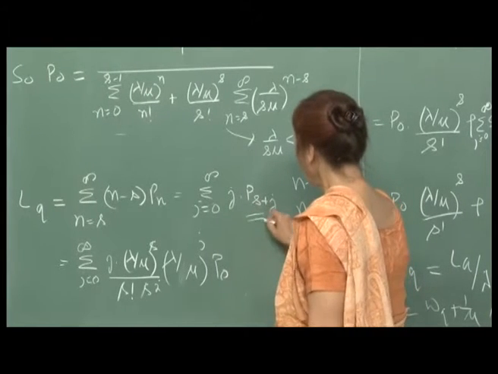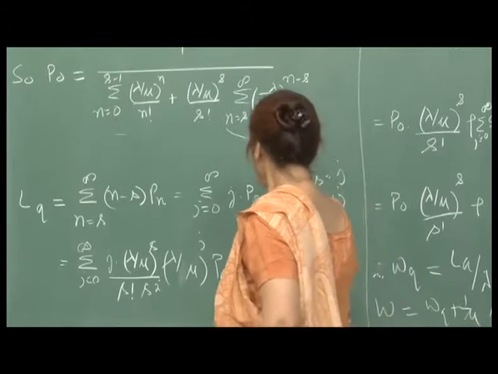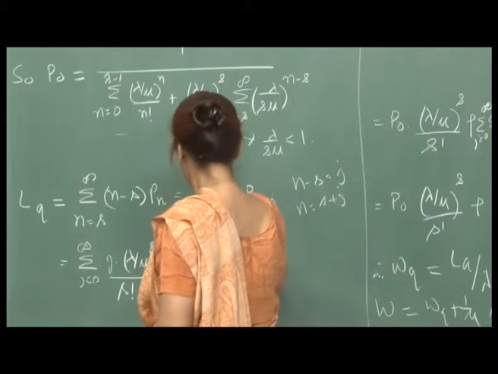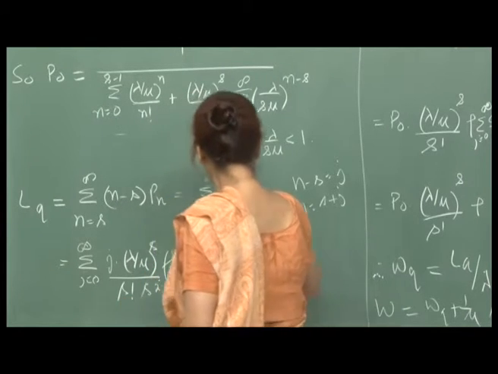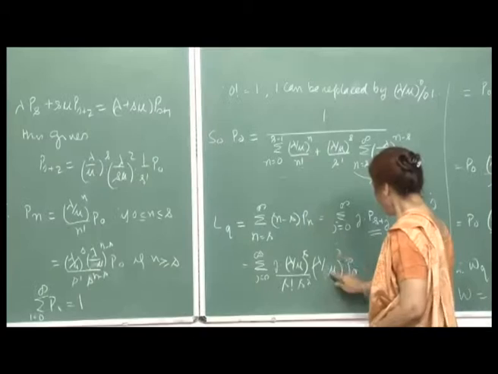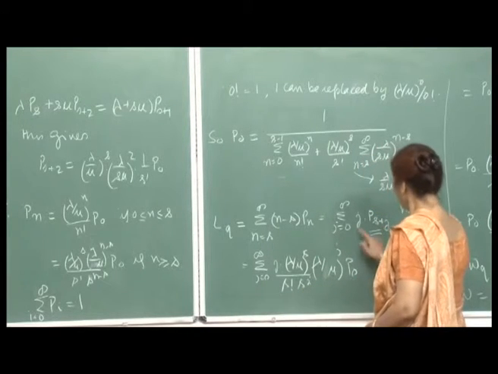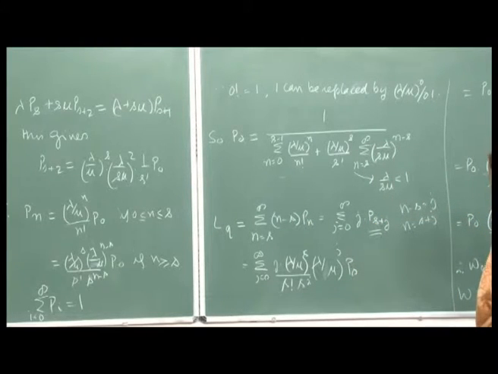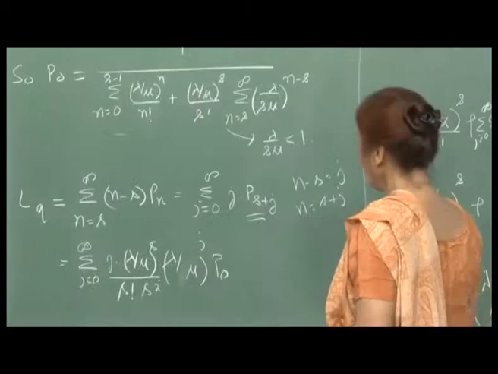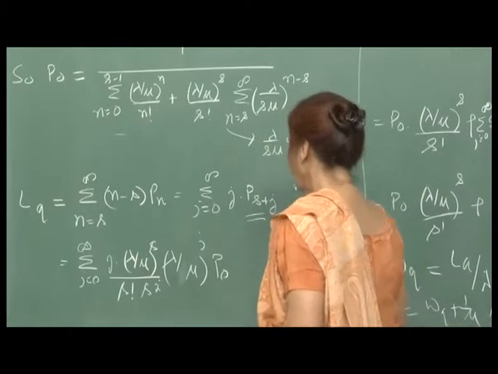So, we have a nice way of writing the probability for this, which will be, see here the s part is (lambda by mu) raised to s upon s factorial, and then for the j, this will be (lambda by mu) raised to j upon s raised to j, right, and this j is there because n minus s. So, you are computing LQ, the expected number of people in the queue, and this is times P 0, fine.